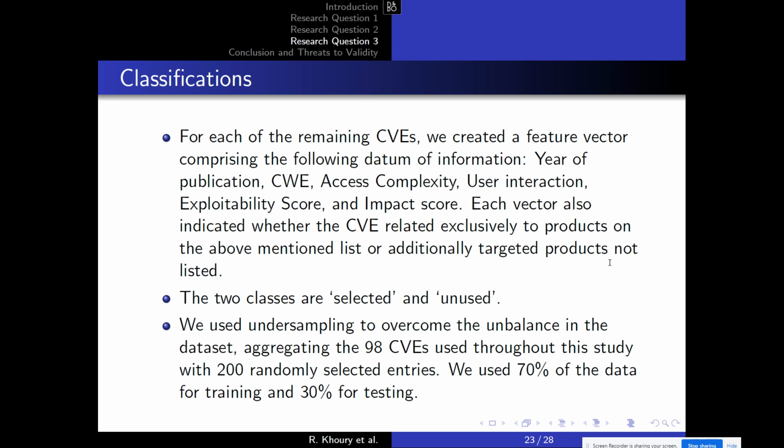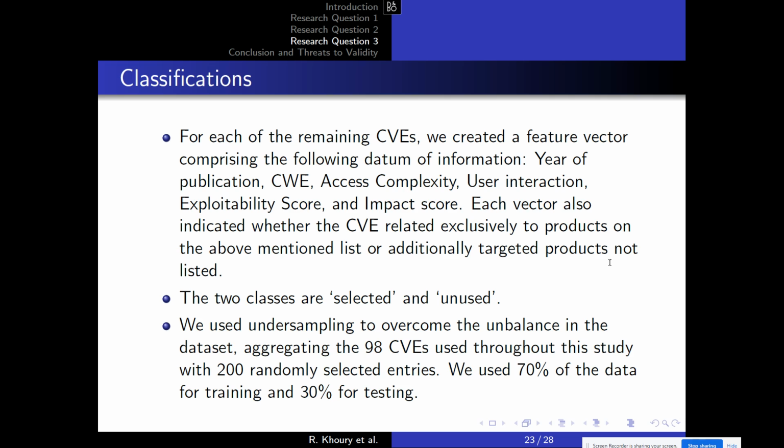So each vector also included a Boolean value that indicated if the CVE is related exclusively to IoT products, or if it additionally targets other types of devices. And then there were the two classes: the vulnerabilities that have been exploited by IoT malware developers and those that were unused, that were not selected for exploitation.